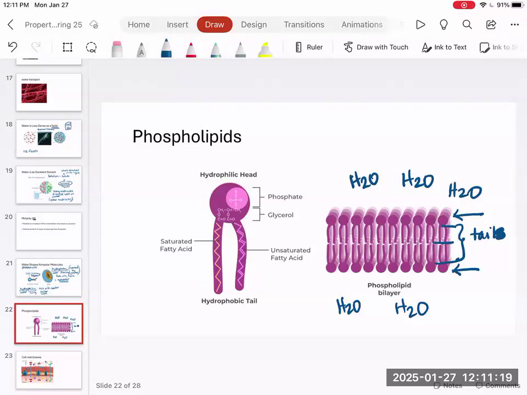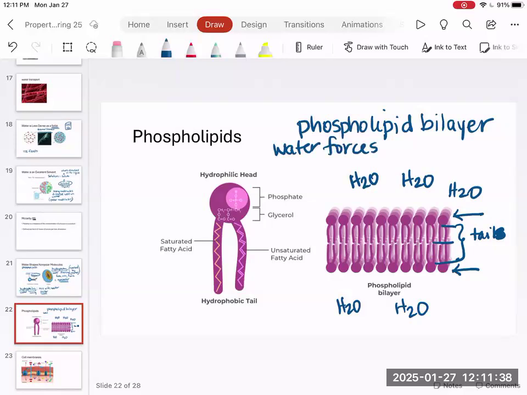This causes what's called a bilayer of phospholipids. In fact, we call this a phospholipid bilayer. That means a double layer of phospholipids. And water forces this shape, this configuration.